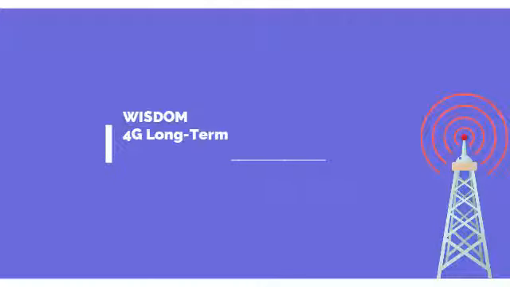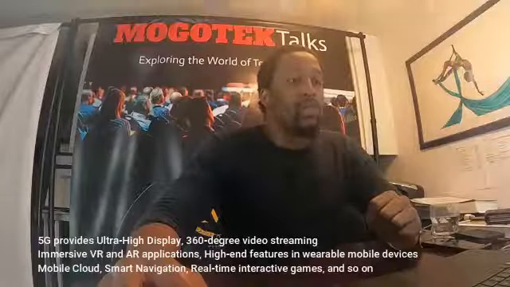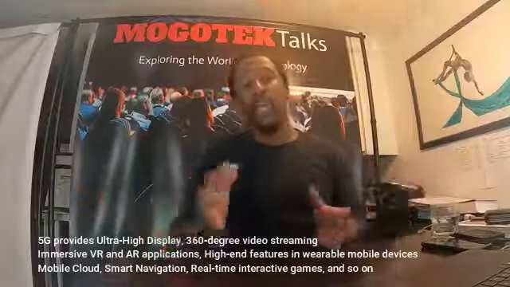It uses WISDOM. There's a standard called WISDOM. WISDOM stands for Wireless Innovative System for Dynamically Operating Mega Communications. That's this really, really important architecture that is used with 5G. 5G also uses the data server, so you know that the data has to be stored on a server somewhere. It's being transmitted, but it's stored on a database server.